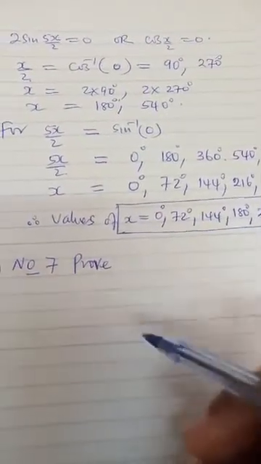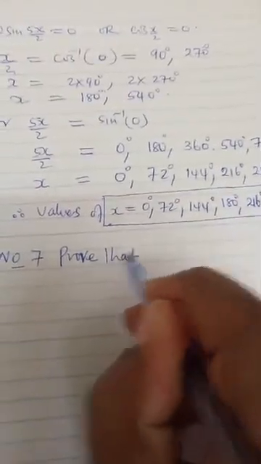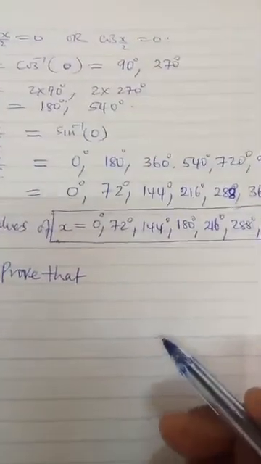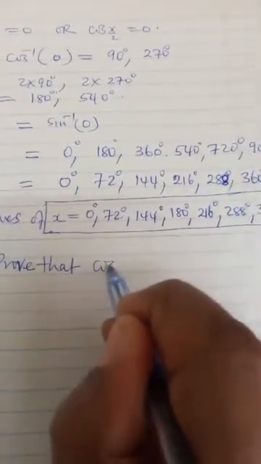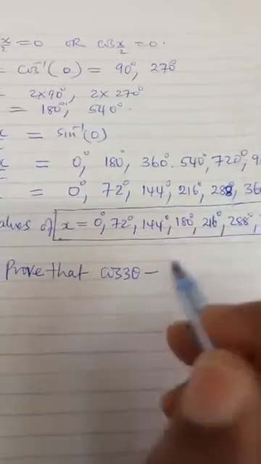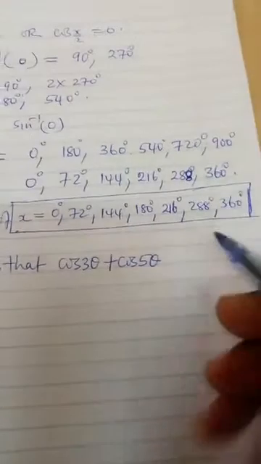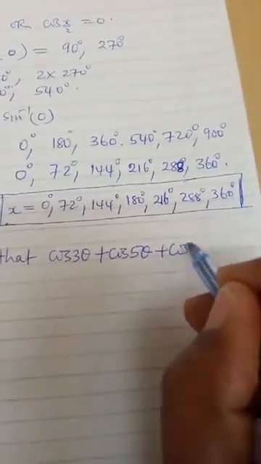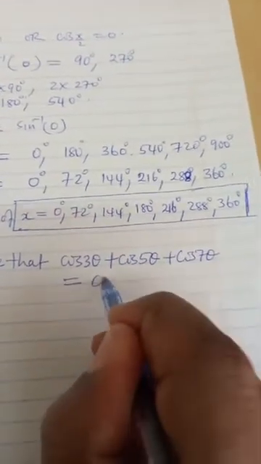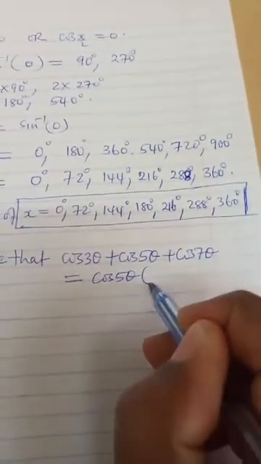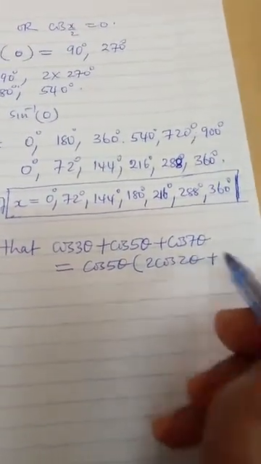They are saying prove that the cos of 3 theta plus the cos of 5 theta plus the cos of 7 theta is equal to the cos of 5 theta into 2 cos of 2 theta plus 1.